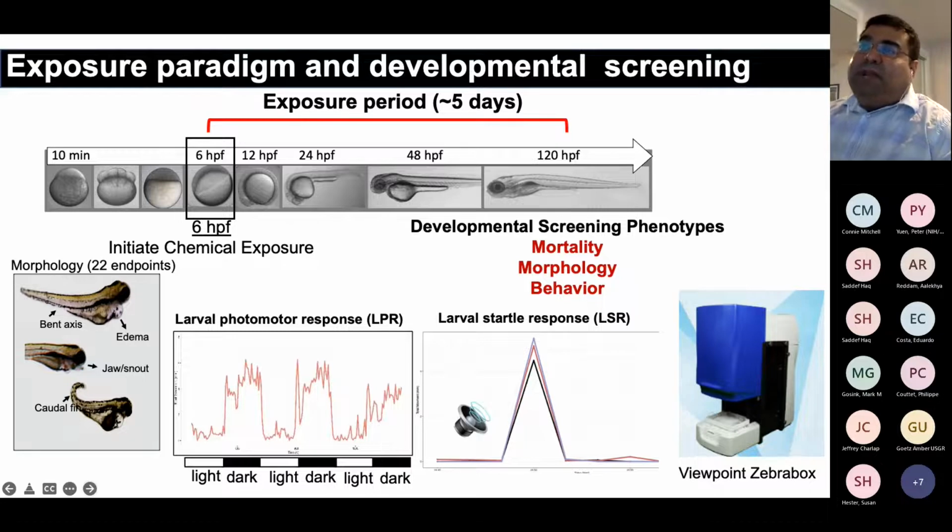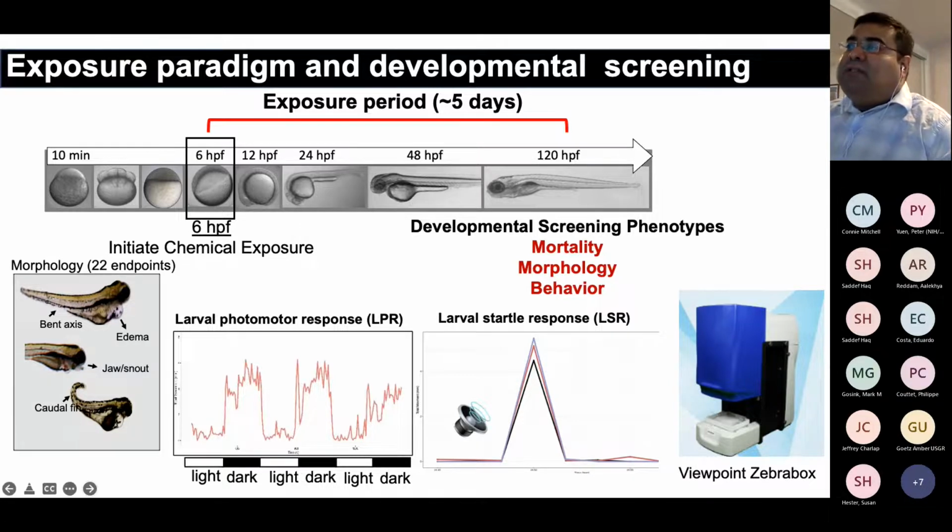So the first screening that we'll extensively talk about today is the larval photomotor response, or the LPR. In this assay, we expose the embryos to alternate cycles of light and dark, and record their behavior in response to these light cues.